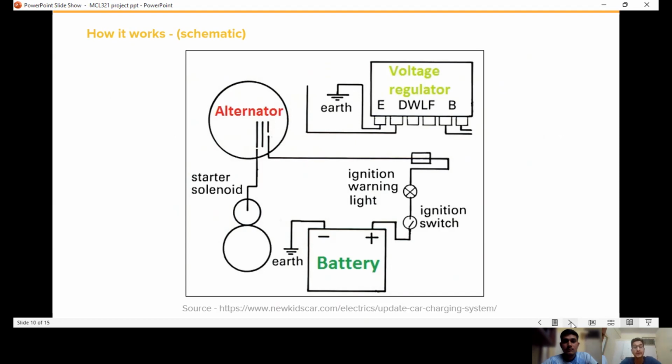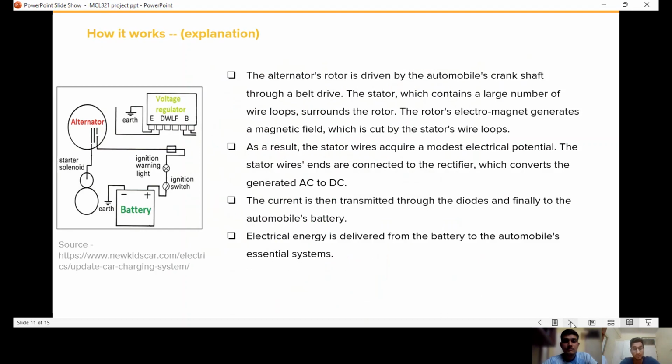We have talked about the different parts of the vehicle charging system, but now let's put it all together and see how it works as a whole. In the figure we have shown the alternator, voltage regulator and battery, and how they are connected. Firstly, when we start the vehicle and the engine starts running, there is a belt connected to the rotor from the engine.